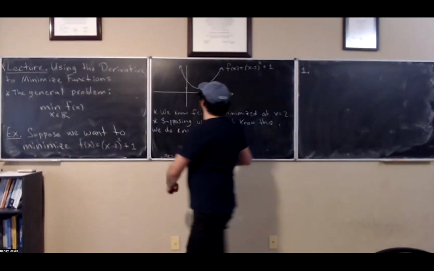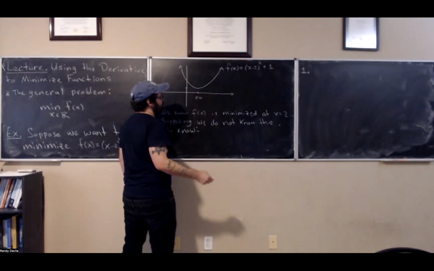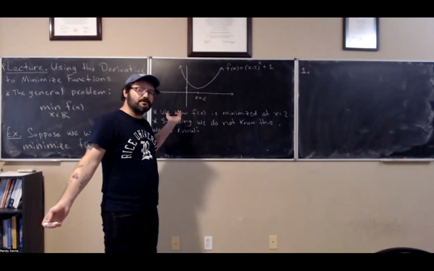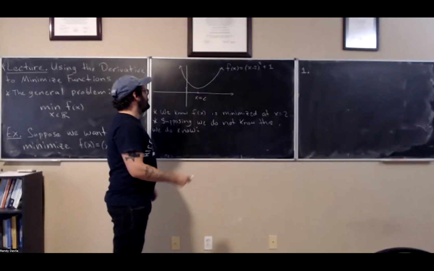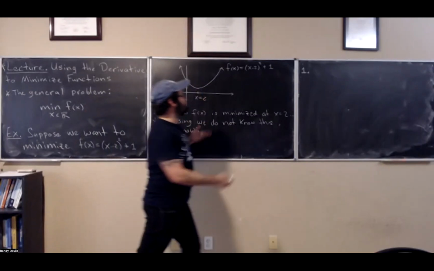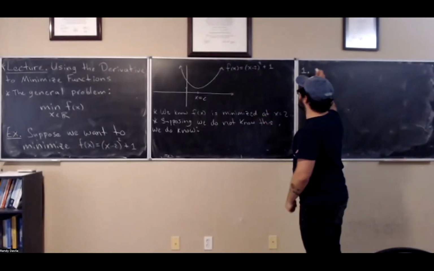And what are the things that we know? So this is like x equals to, I don't know, call it c. C is actually 2, but we're pretending we don't know that. So what is the value of the derivative? Well, suppose we know the derivative.